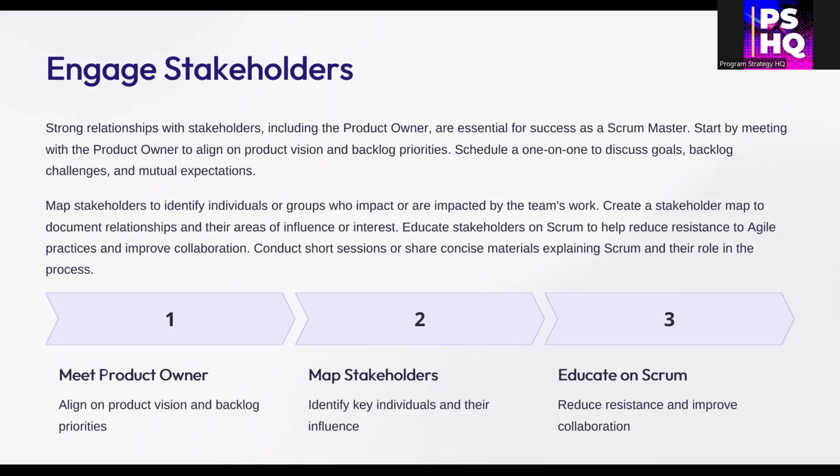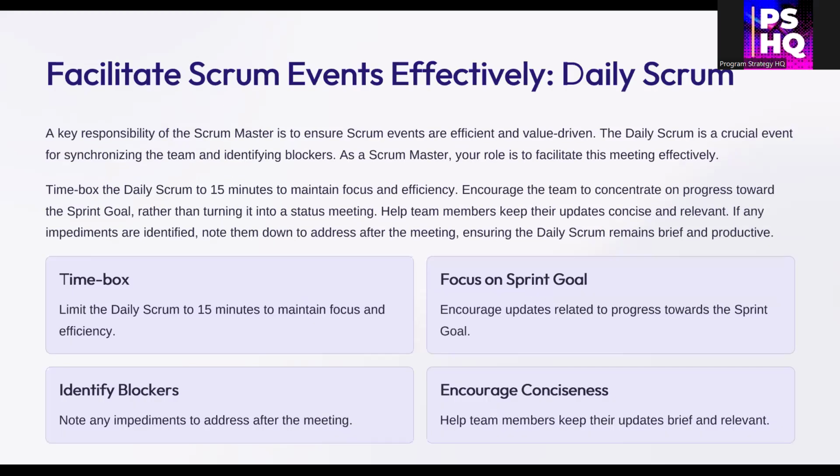Now that we've laid the groundwork, we're ready to dive deeper into facilitating Scrum events and driving team success. The Daily Scrum, a quick 15-minute huddle that's more about alignment than status updates. Think of it as your team's morning coffee, where they sync up and tackle the day head on.